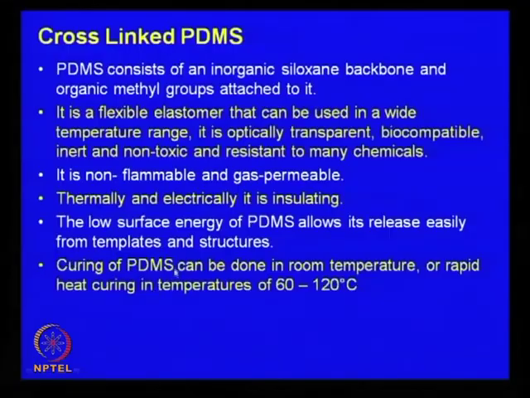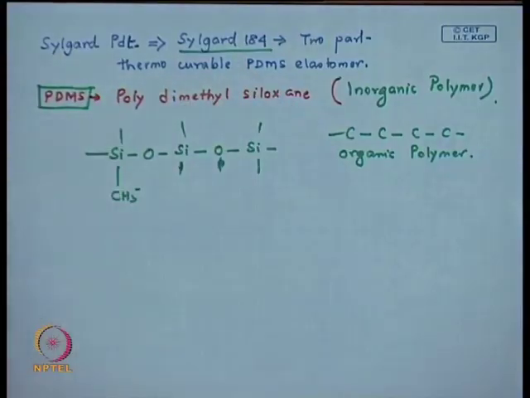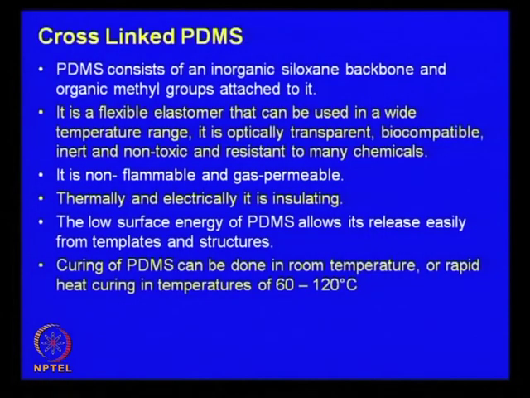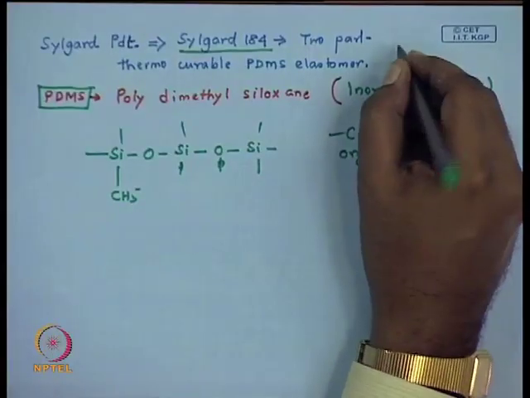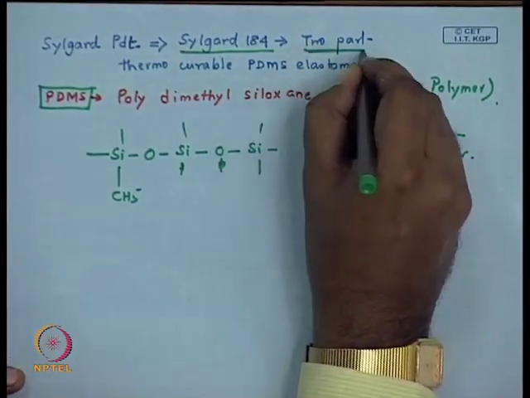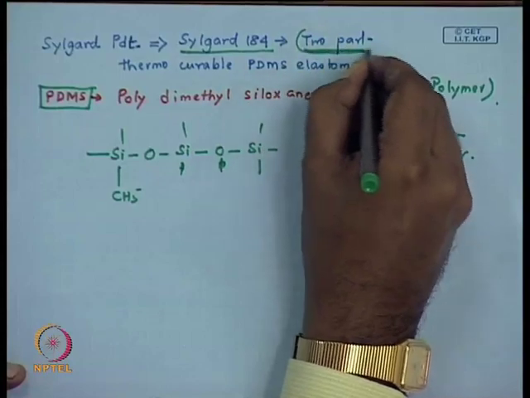in a polymer. And curing of PDMS, we are talking of cross-linked PDMS now, like Sylgard 184, which we have already discussed. The curing of PDMS can be done at room temperature or rapidly. If you look into this carefully, it is a two-part thermocurable elastomer.